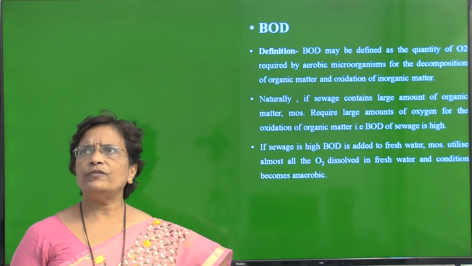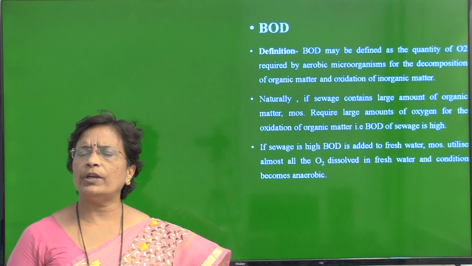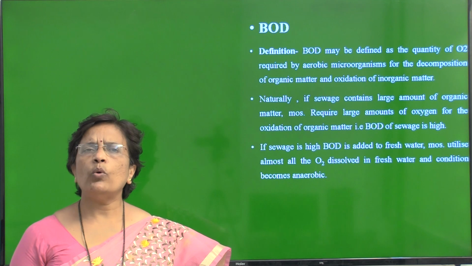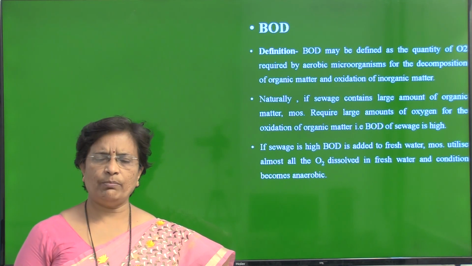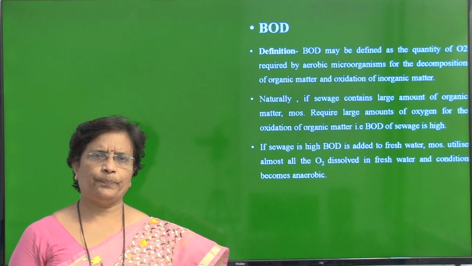Naturally, if sewage contains a large amount of organic matter, the microbes will require more oxygen. That means the BOD of that sewage is high.